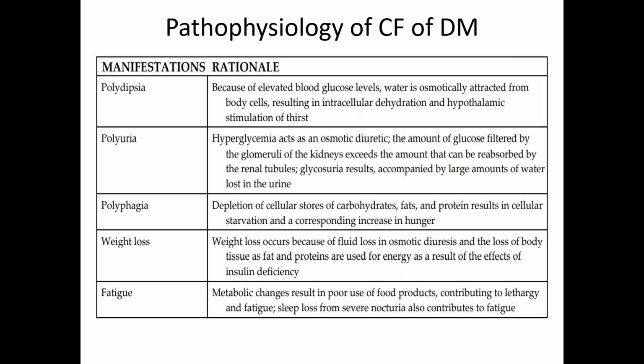So that leads to weight loss. So in spite of increased hunger and eating, the patient develops weight loss. This is a paradoxical situation. In this situation, we should always suspect diabetes mellitus: increased hunger, weight loss and weakness.